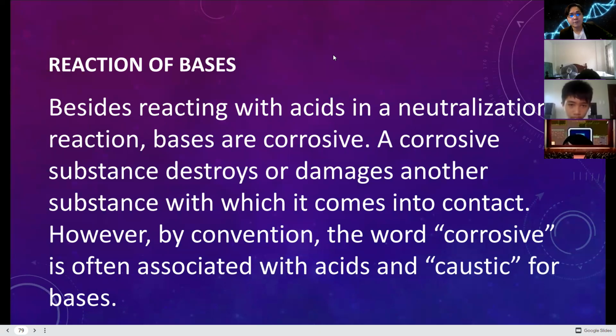However, by convention, the word corrosive is often associated with acids, and caustic for bases. Usually we use corrosive if it is acidic, but if it is basic, we usually use caustic for bases.